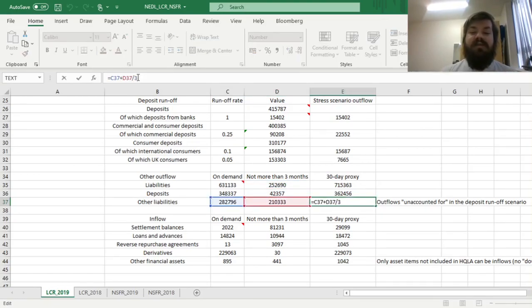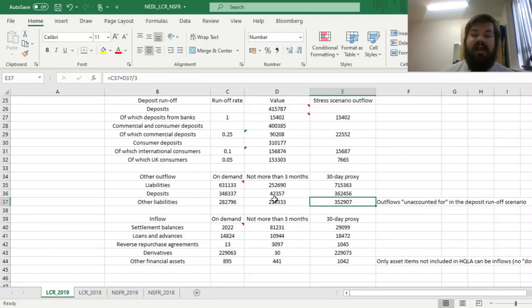And then we use this quite simple proxy to get a 30-day value: on demand plus a third of those that mature in 3 months. Again, this assumes that the maturity distribution of these other liabilities is uniform across 1, 2, and 3 months periods, but again, without any more data on this, it is quite realistic.